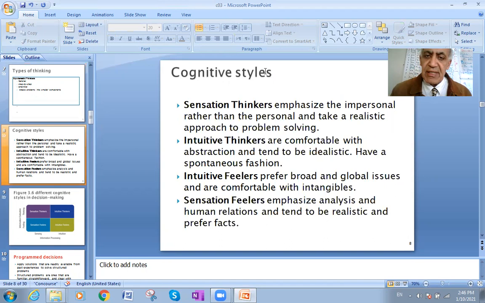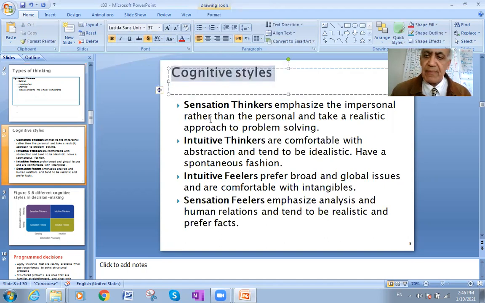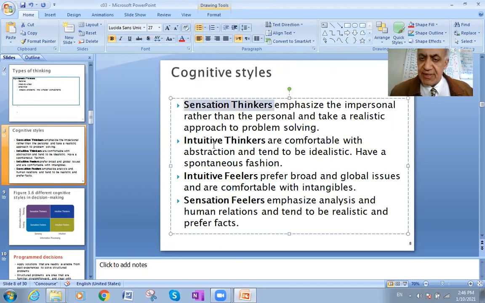Cognitive style concerns how people think when solving problems. There are four kinds. Sensation thinkers emphasize the impersonal rather than the personal and take a realistic approach; they are very objective. Intuitive thinkers are comfortable with abstraction and tend to be idealistic, with a spontaneous fashion.